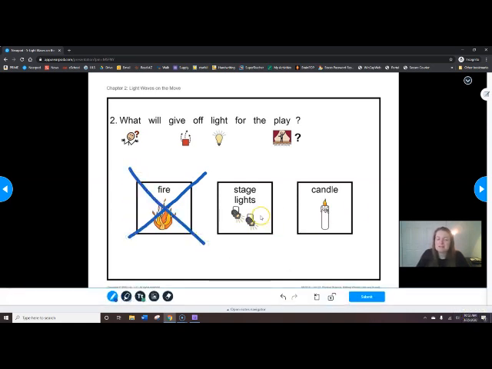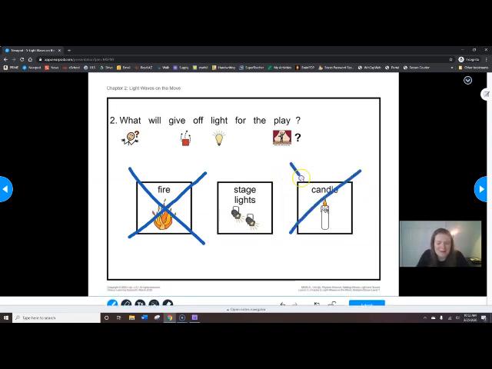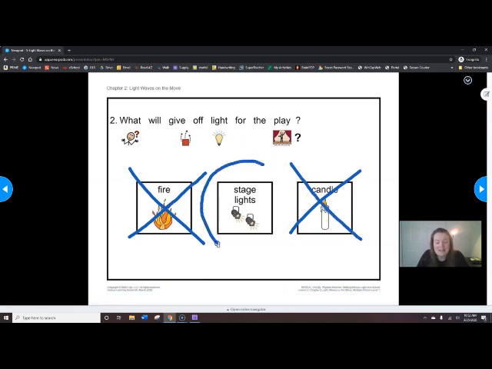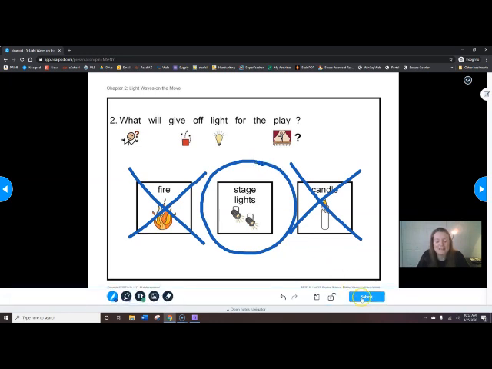I remember reading about stage lights and how the students had to block the light because it was so bright. Now, we didn't read about candles today, and candles are dim. They're not bright. So we read about stage lights today, and that's how they're going to give off light for the play. When you circle stage lights, you hit submit.